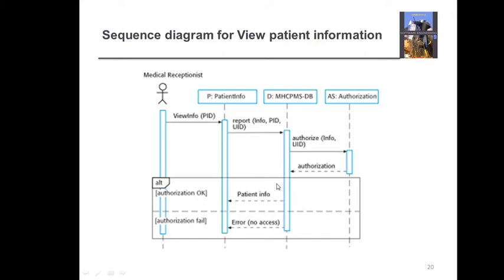This represents the lifeline of each and every class or actor involved. While at the same time you are seeing a rectangular bar here. This rectangular bar represents the timeline, the time for which this particular user or class is getting involved in the process.